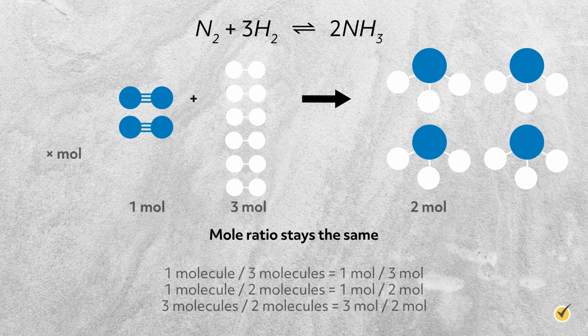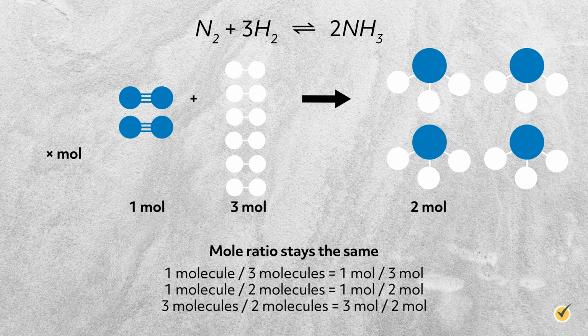We can extend this to the mole scale, as in when we think about zillions of molecules reacting at once. Remember, a mole is an amount of something equivalent to 6.022 times 10 to the 23rd units, which could be atoms, ions, electrons, or, like in this case, molecules.